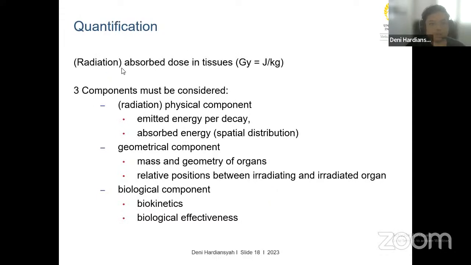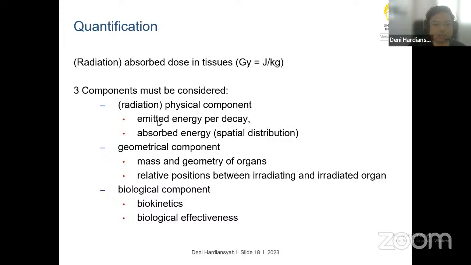So what do we need to quantify? The radiation absorbed dose in tissue, in gray, how many joules of energy per kilogram are absorbed by the tissue. We need to quantify and consider at least 3 components. The first one is the radiation physical component.